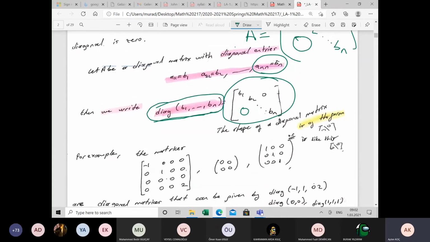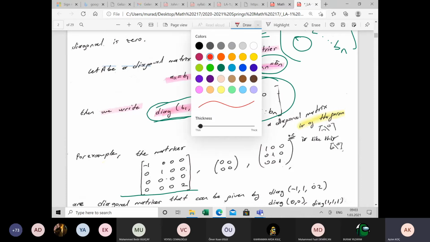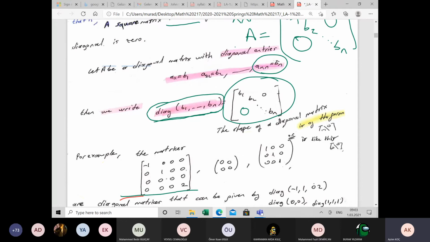So, for example, look at the first example. What can you say about the first matrix? Let's use a different color, it will be better. Look at this one. This matrix is a square matrix, a 4 by 4 matrix. This one is a diagonal matrix.